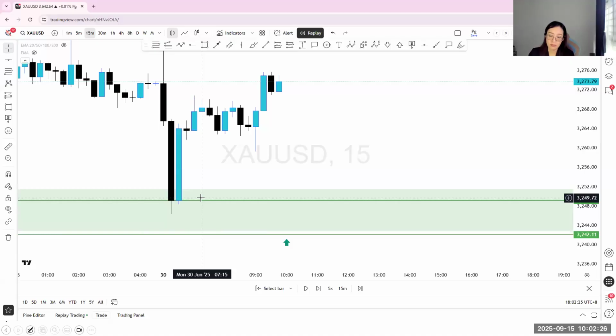This is the support level. And then there's a buyer trying to push the price up. So whoever holds the sell entry, they just close the position at 32.46.